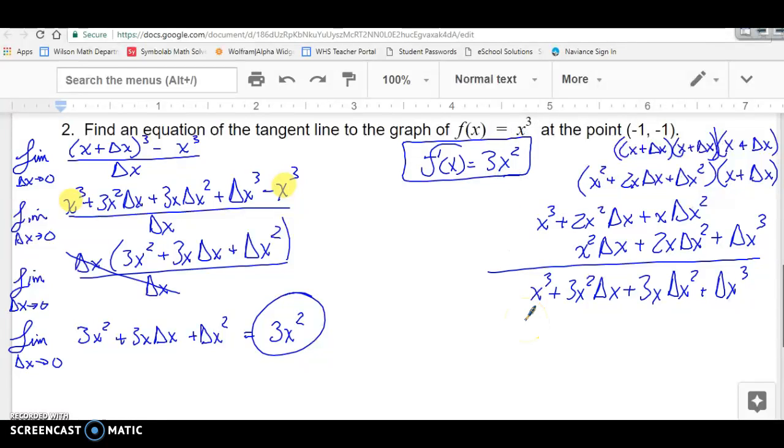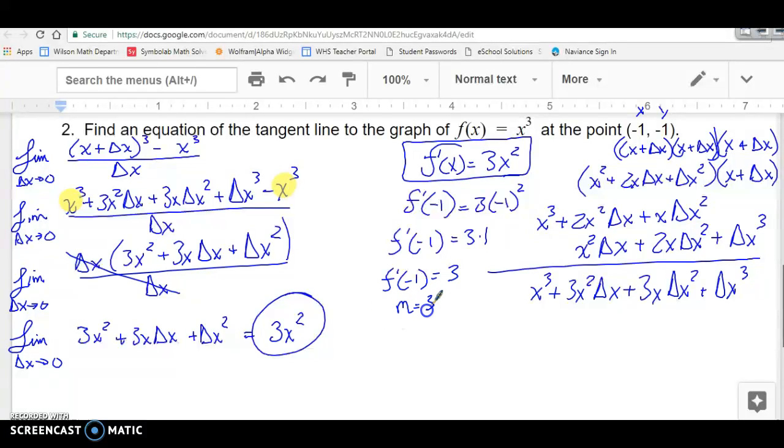Now we're going to find the tangent line when x is negative 1. So I plug negative 1 in here to find out what my slope will be at that point. So I get negative 1 squared, which is positive 1. So I have 3 times 1. My slope at x = -1 is 3. So slope is 3, and my point is (-1, -1).